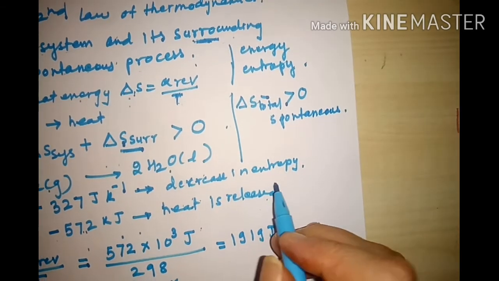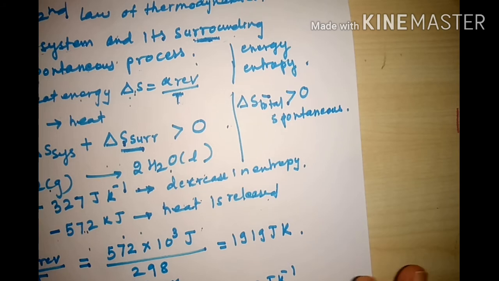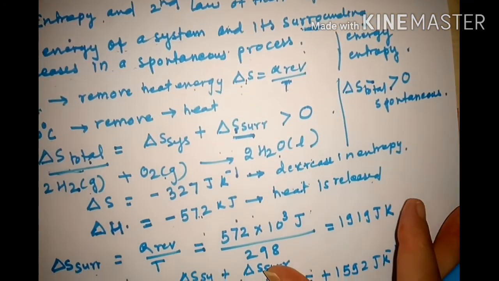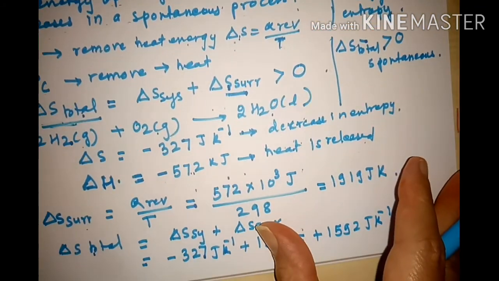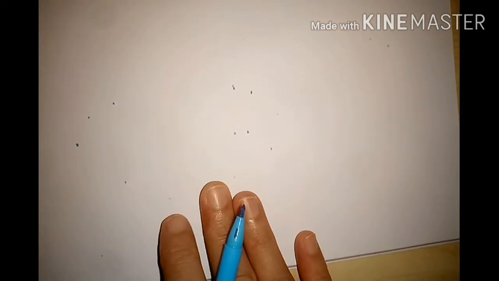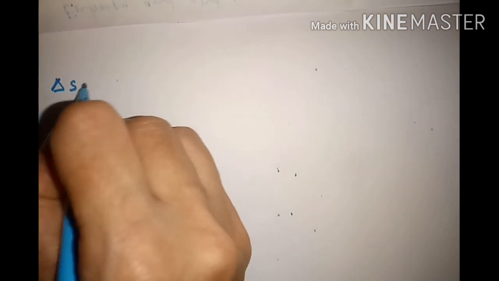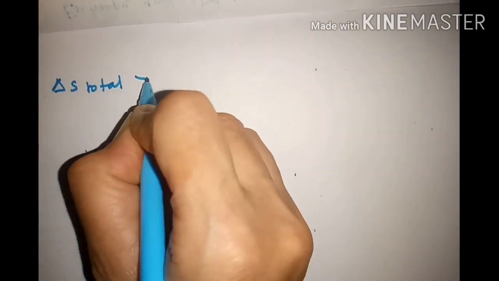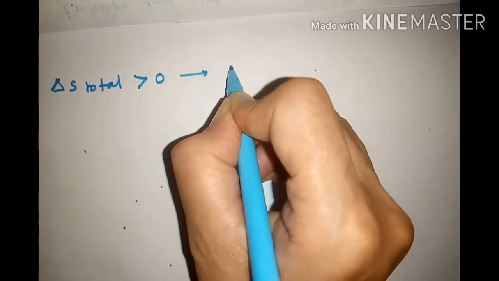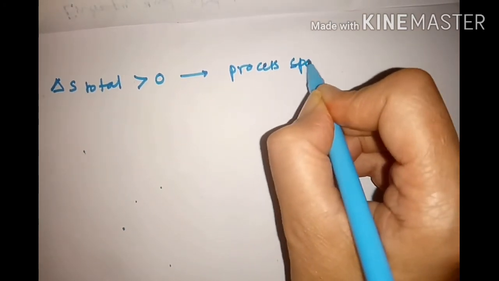So we need to consider the entropy of the system and surrounding both if we want to decide whether the reaction would be spontaneous or not. We will come to some conclusion here. If delta S total is greater than 0, the process would be spontaneous.